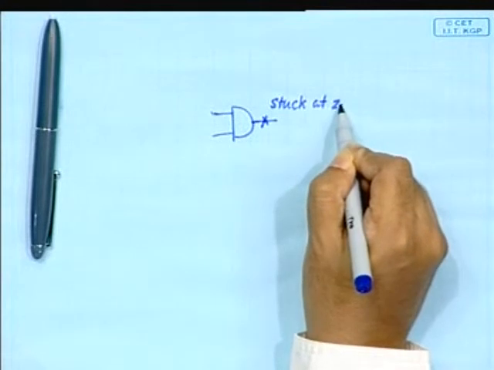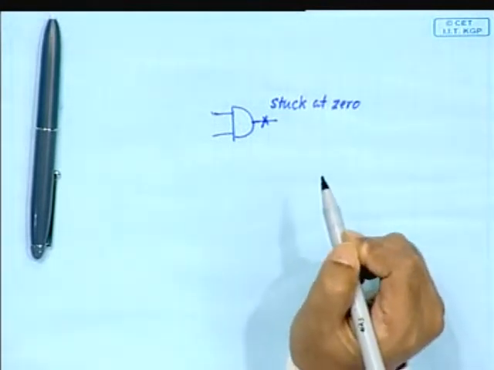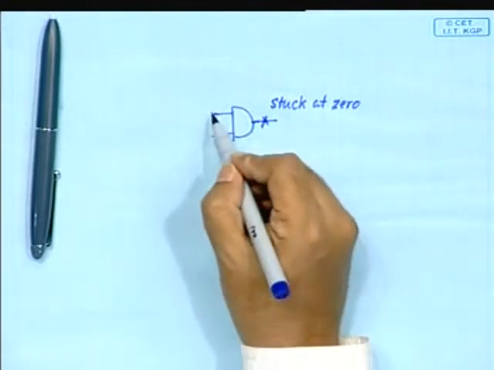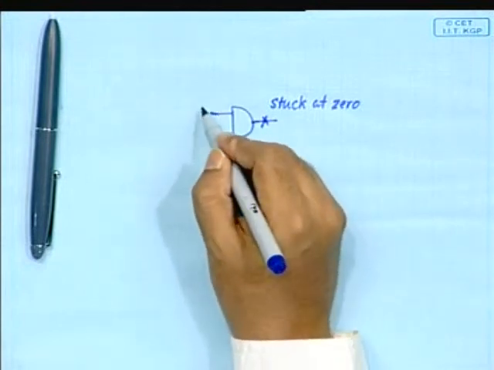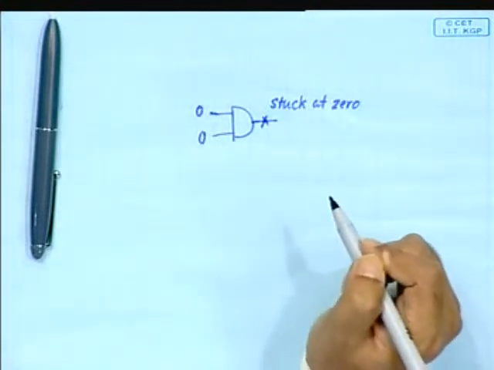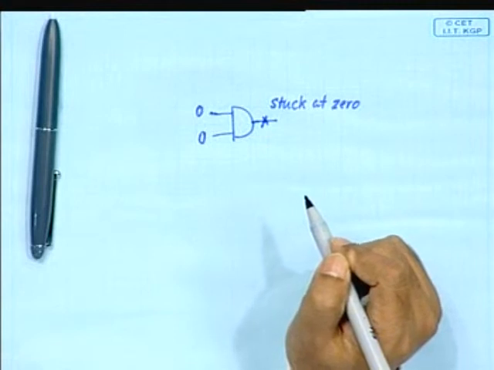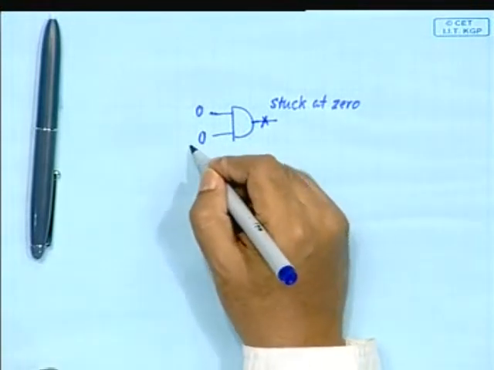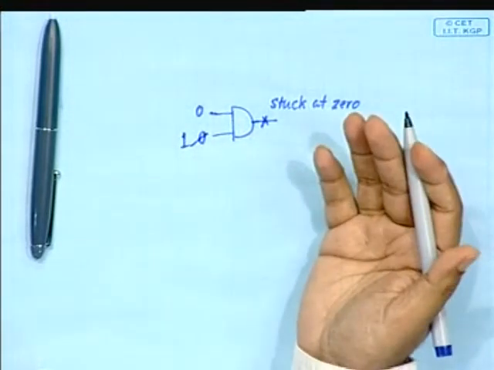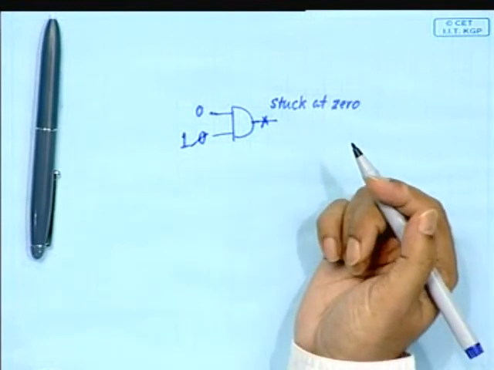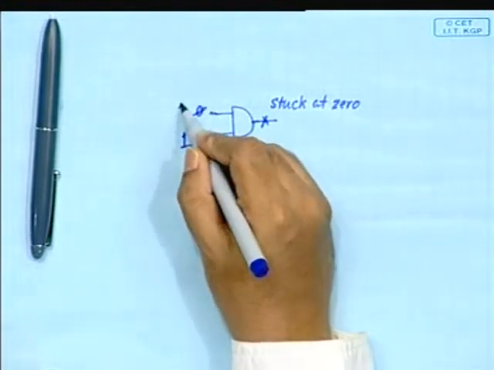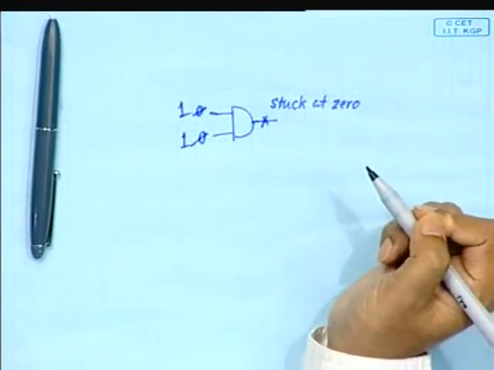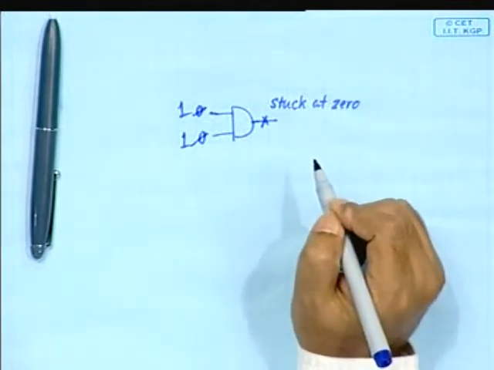Now, if you give an input 0 0, will it be able to detect that? No, because the output is expected to be 0, so you don't know whether it is stuck at 0. If you give it 0 1, no. So what is the vector which is actually going to produce this? 1 1. So 1 1 can detect a stuck at 0 fault here.